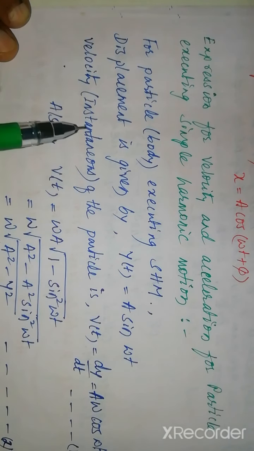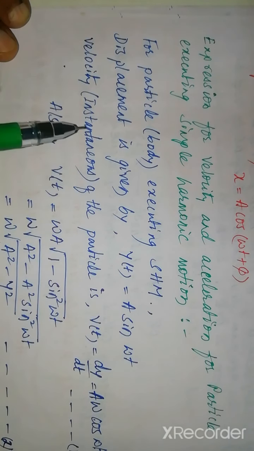It is a function of time. Velocity varies periodically. It is the rate of change of displacement. Displacement is A sin omega t. When this A sin omega t is differentiated with respect to time t, we get A omega cos omega t. Let us call this equation 1.